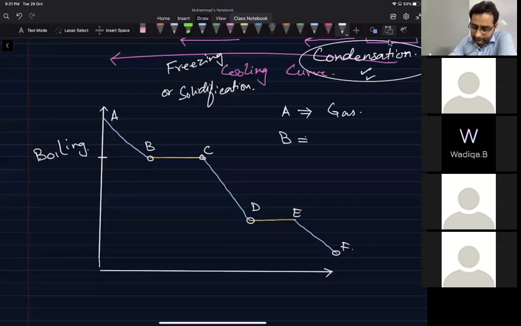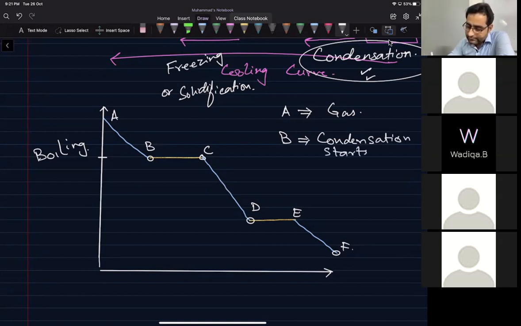At point B, this is your condensation point, condensation starts. Gases, vapors, they start to condense. And at point C, condensation ends. All the gaseous particles or gaseous vapors turn into liquid state.